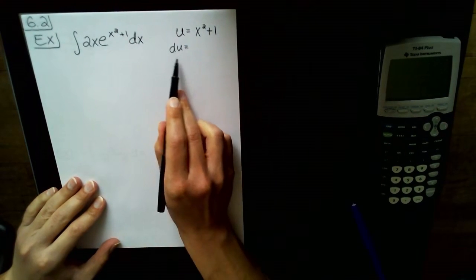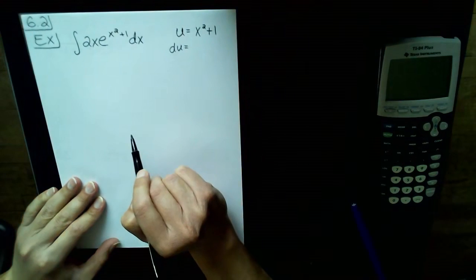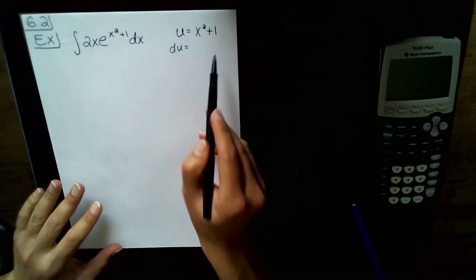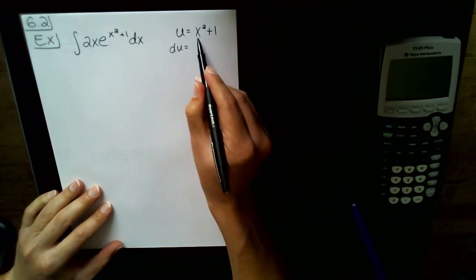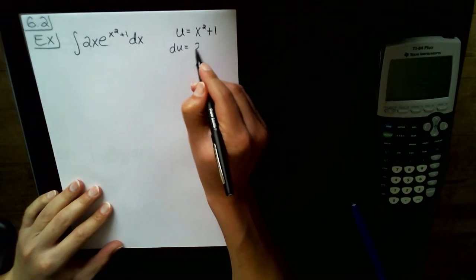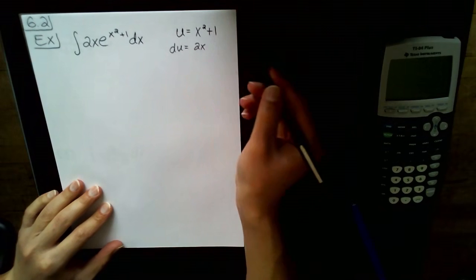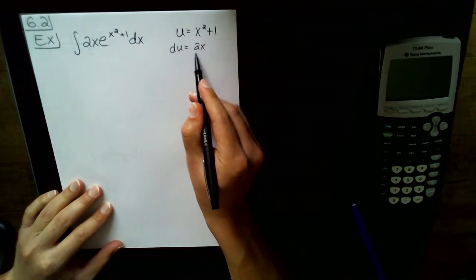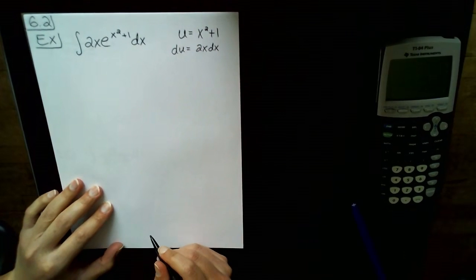Remember, du is literally just the derivative of u all times a dx. It's as simple as that. Just take the derivative and then multiply it by a dx. So what's the derivative of x squared? Well, that's 2x. What's the derivative of 1? 0. So we get 2x times dx.